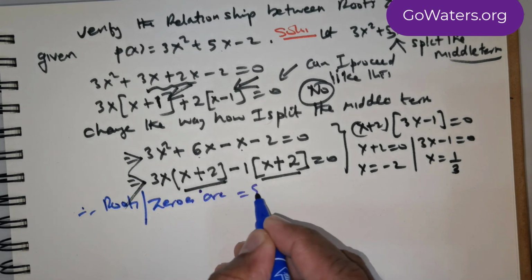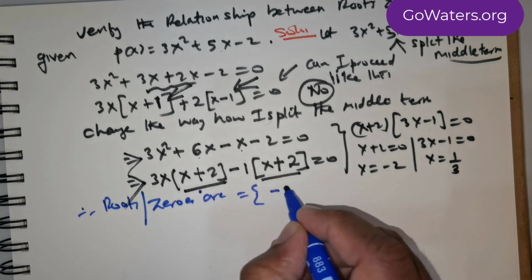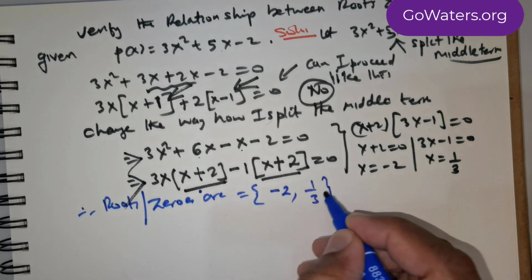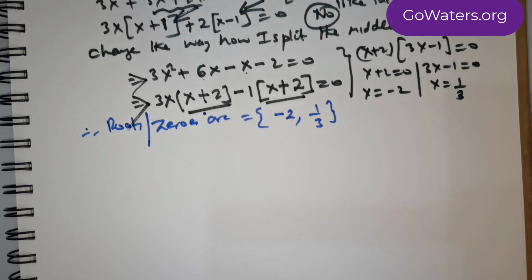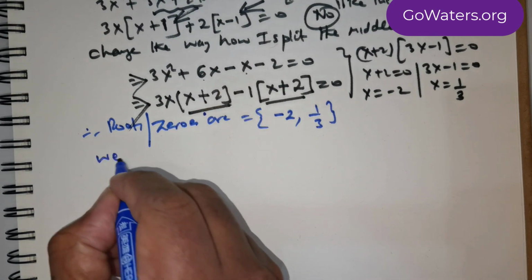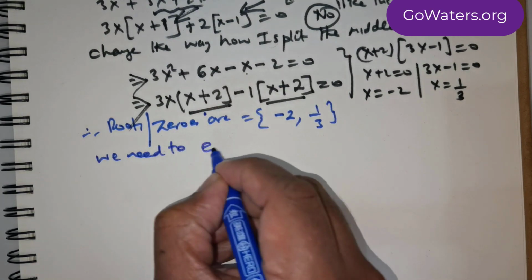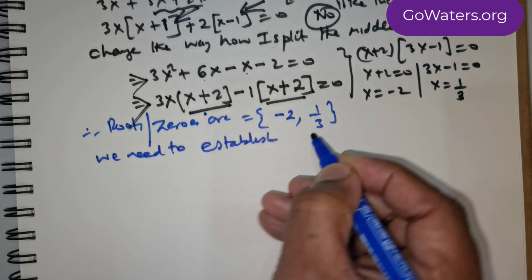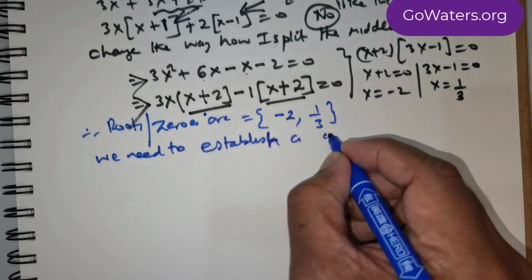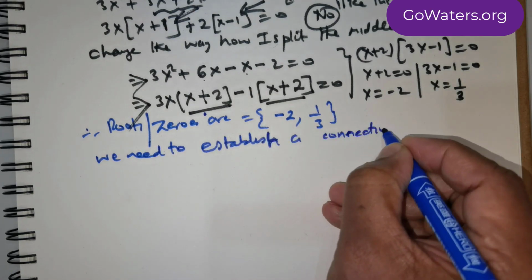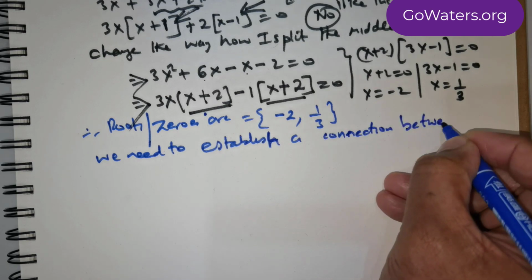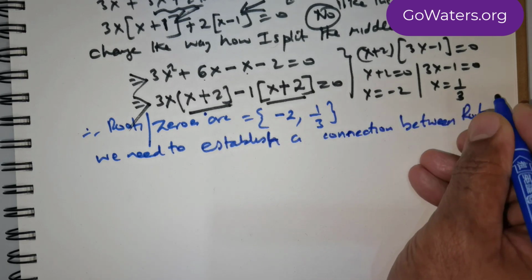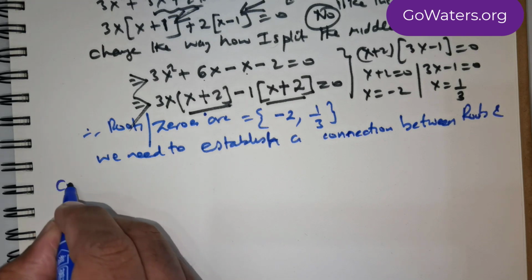Therefore the roots are negative 2 followed by 1 over 3. Now these are the roots. Now we need to establish a connection between roots and coefficient.